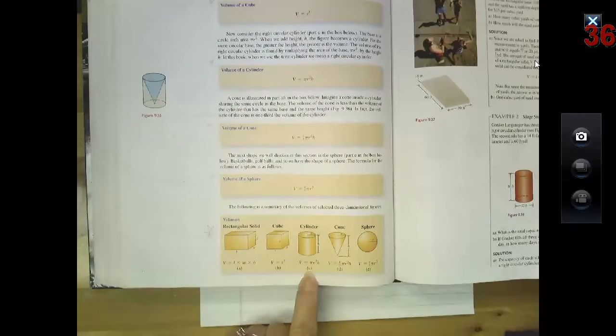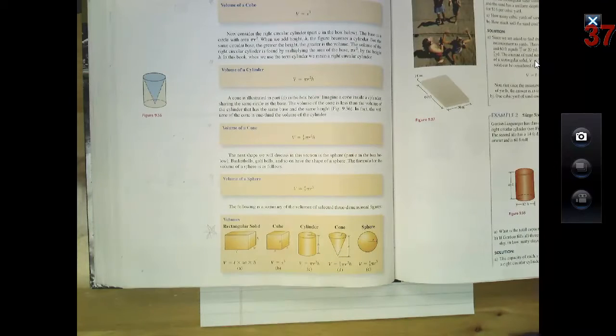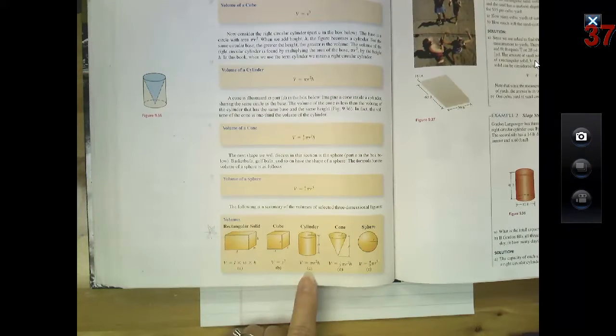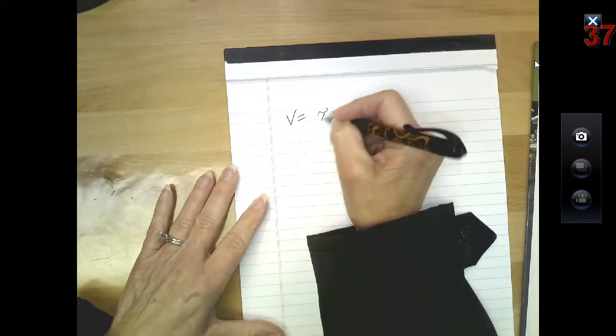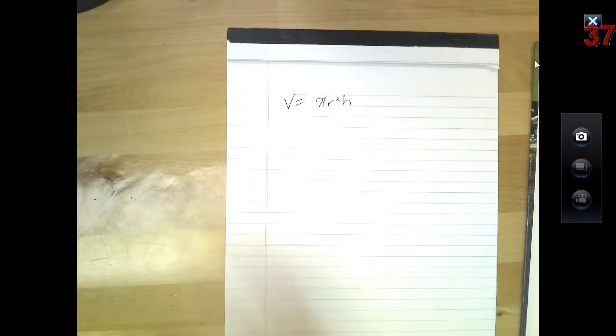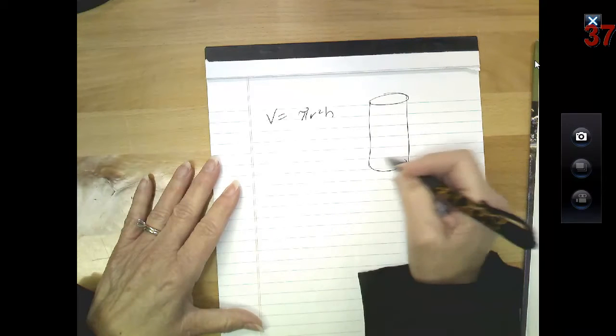That's why on your final, I'm going to let you use your book and your notes, because you've got a whole lot of formulas and stuff to do. But anyway, it's pi r squared h. The volume is pi r squared h for the volume of a cylinder. So on number 9, okay, it's like this.